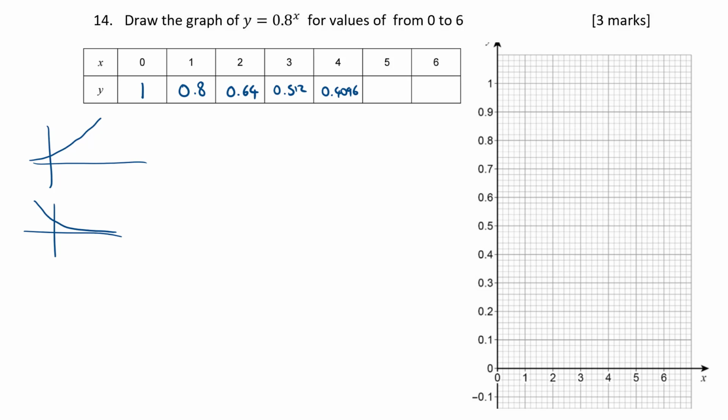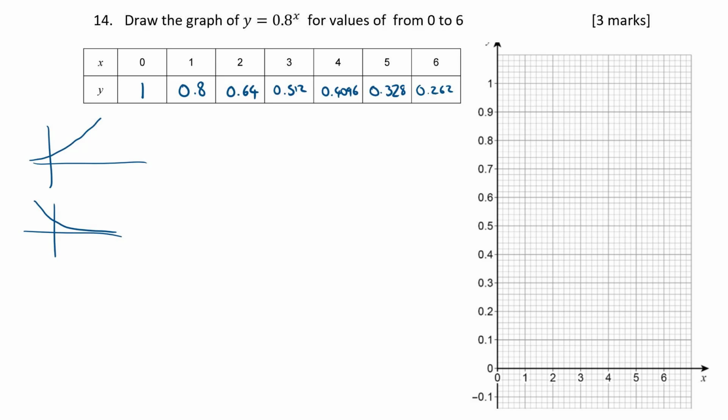I'm just going to round that off to 0.328, I think. And then finally 0.8 to the power of 6. I'm getting 0.262 for that. So you can see they're generally getting closer and closer to 0 as x increases.